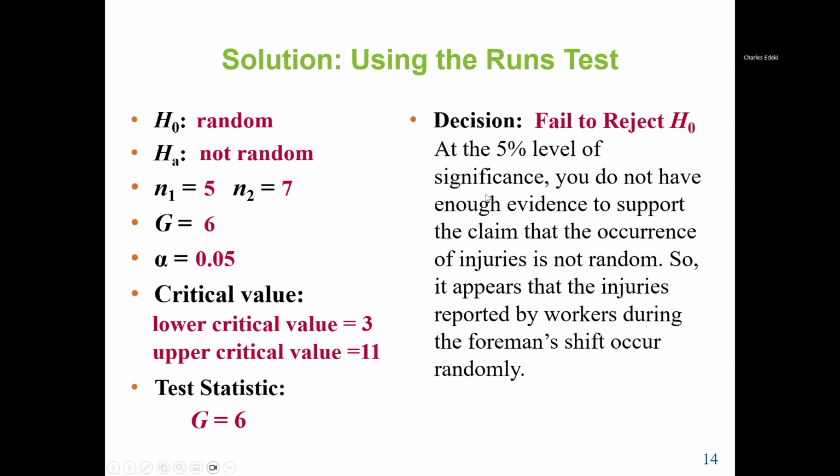So here we see that at a 5% level of significance, you do not have enough evidence to support the claim that the occurrence of injuries is not random. So it appears that the injuries reported by workers during the foreman's shift occur randomly, because remember, H0 states that they occur randomly, and HA states not random.